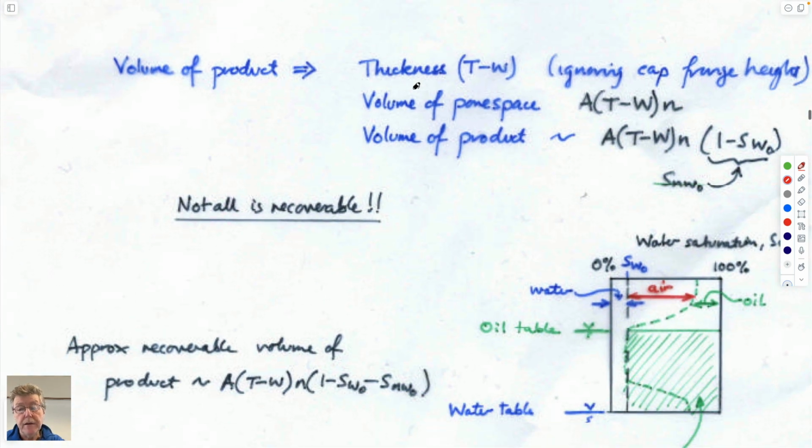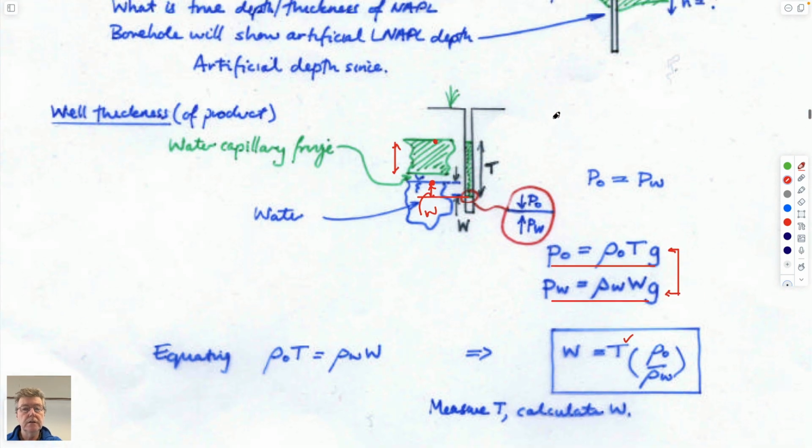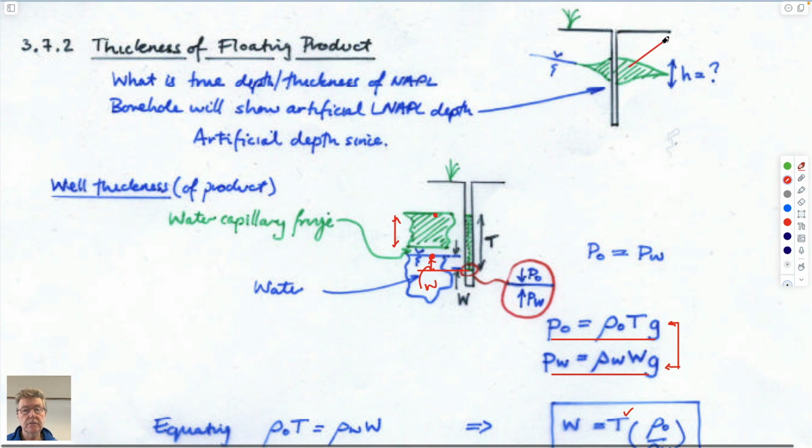So why do we care about that? Well, we care about it because we might want to be able to calculate how much volume of fluid is in this lens here. And it's a pretty simple task for us to do that if we have this height. We have the equivalent height of this now as, I guess, W. I suppose we might know how areal extensive it is, which is area, perhaps.